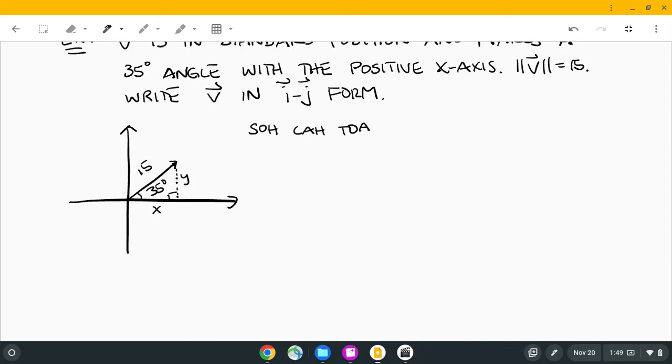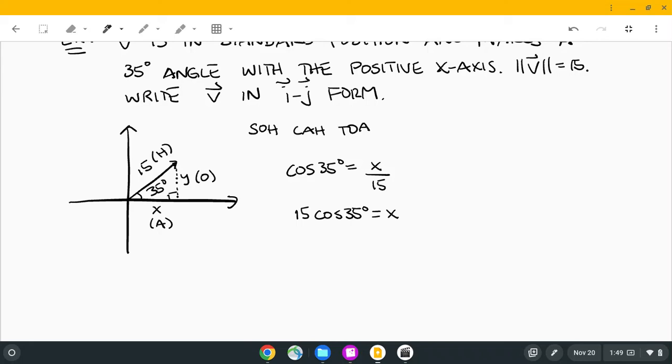This is our hypotenuse, this is our adjacent side, and this is our opposite side. If I'm trying to find x, that's our adjacent side, and we have the hypotenuse. So we are using cosine 35 degrees equals x over 15. So 15 times cosine 35 degrees equals x.